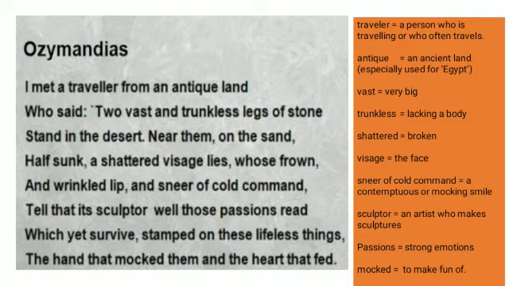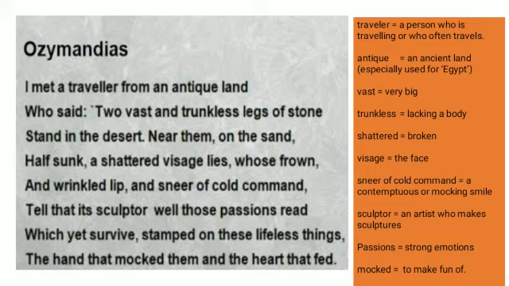So now, beta, in this particular octave, the poet Percy Shelley is describing his meeting with a traveler. Do you understand the meaning of the word traveler? You can also have a look on the right hand side for the difficult words and their meanings. So he's telling that he met a traveler, a person who often travels, from an antique land.